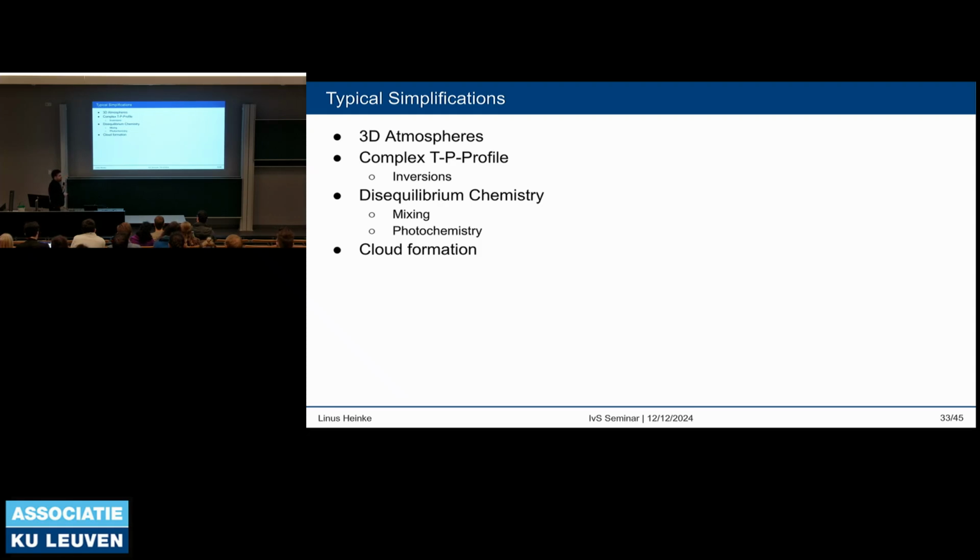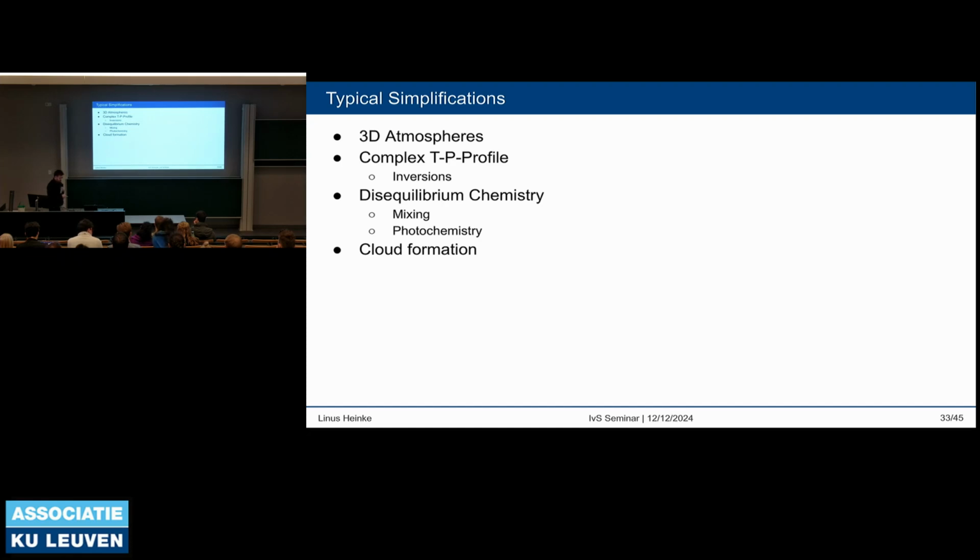We can have complex TP profiles, where especially clouds can lead to inversions, where it doesn't just decrease in temperature the higher up you go, and the temperature increases at certain pressure levels. Then you can have all kinds of disequilibrium chemistry effects, mixing, and the photochemistry that I mentioned before. And then you also have clouds, which of course affect the spectrum by making it optically thick at certain pressure levels, but they also interact with chemistry and all kinds of things.